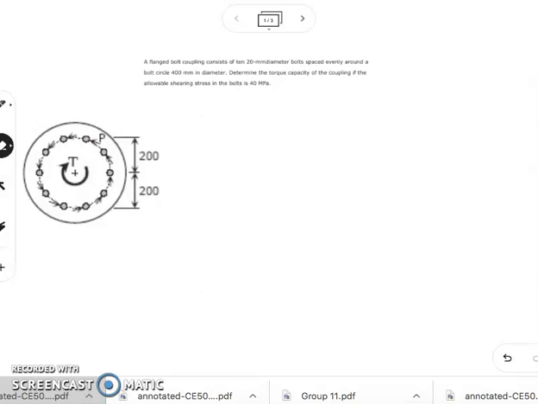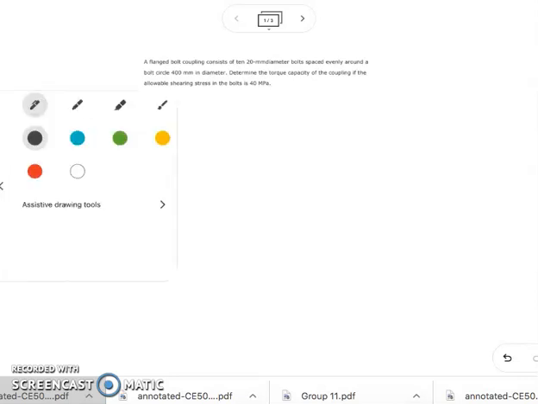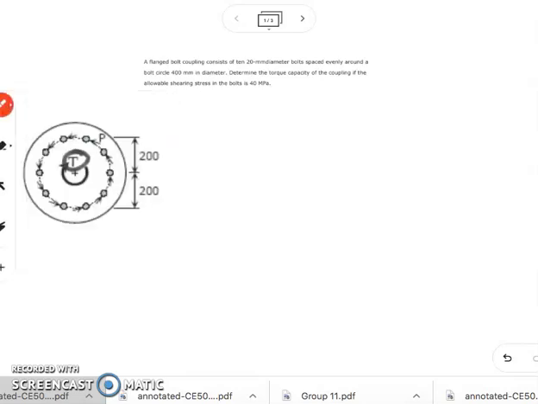Of course, we have our torque denoted by our T, and we have the shearing force, which is denoted by our P. Those are the shearing forces acting on our bolt.